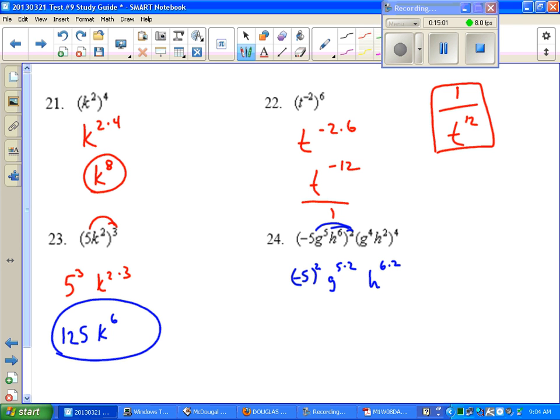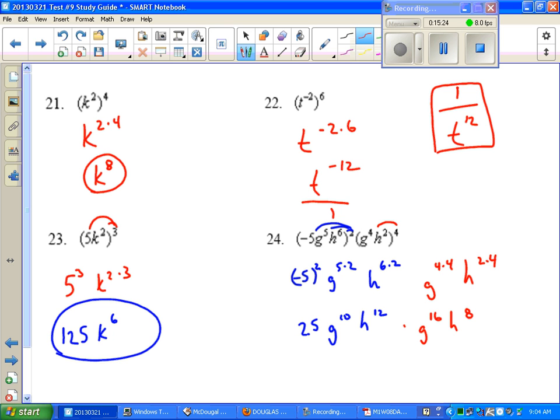So negative 5 squared would be negative 5 times negative 5 is 25 g to the 10th h to the 12th. And on the other side, everything needs the fourth power. So g to the 4 times 4 and h to the 2 times 4. So we have times g to the 16th, h to the 8th.